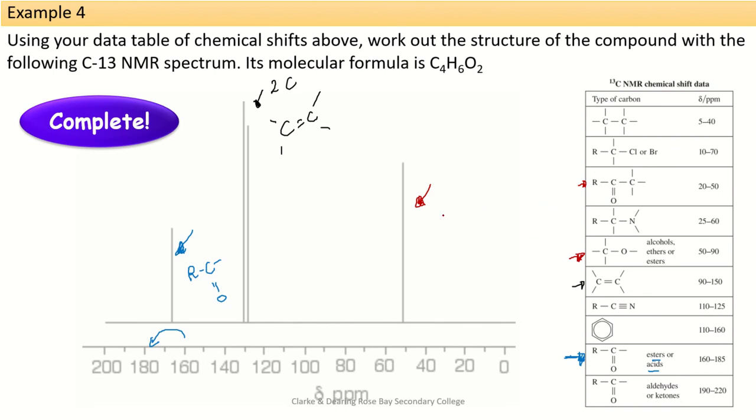So let's try and draw it out. It's a different structure. So we have our RCO, and then actually, so what we have is, so we know we have an ester group on our hands here, and then a potential alkyl group that's over here. So we'll just leave that for now and we'll just continue on.